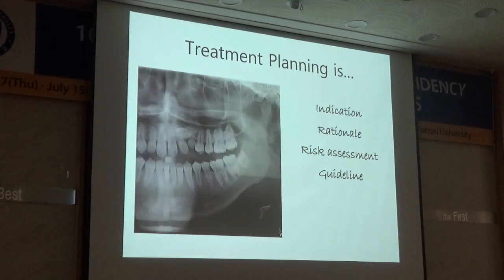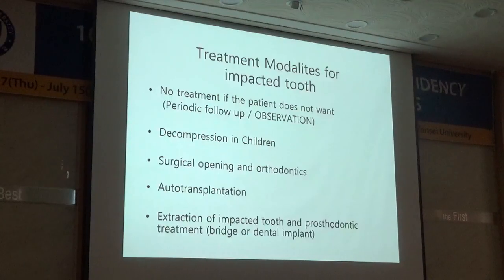I mean, what can I do? What procedure am I very good at, right? So that's the problem. I think collaboration is very important when we make the treatment plan of the impacted tooth.